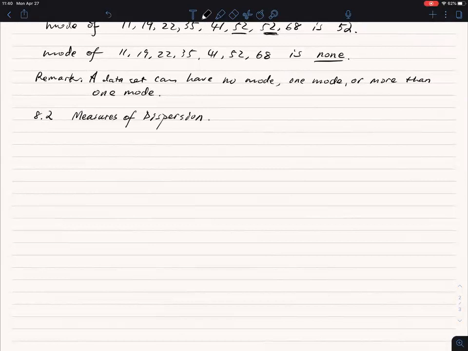Now in 8.2, we're going to look at the measures of dispersion. The idea is you see the central tendency, right? You see the average. I can ask you about, for example, the number of siblings in your family, and you give me different answers. I have only one, a sister, and you may have more.